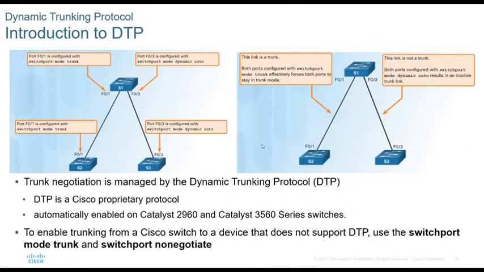Next topic will be the discussion of the Dynamic Trunking Protocol. This is just a brief discussion, since most of the time when you are trying to configure trunk lines, we see to it that trunk lines are configured properly.